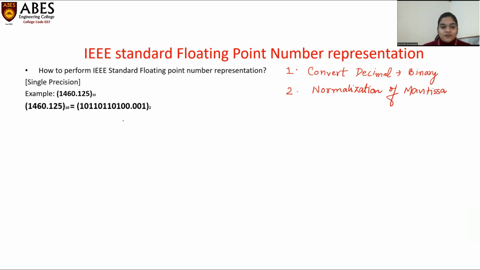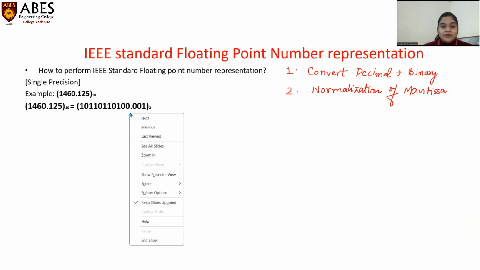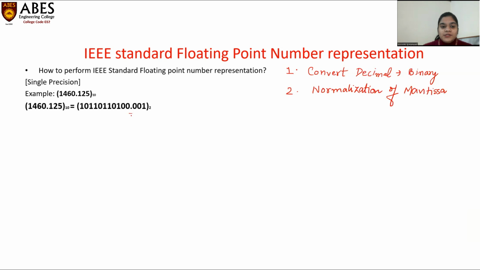I have explained that your radix point or floating point must be situated at that position where just before the radix point there should be either the value 1 or some other value. Now you can see that just before this radix point, I have so many values, and I should have a single value. So we will shift our radix point to the position over here.